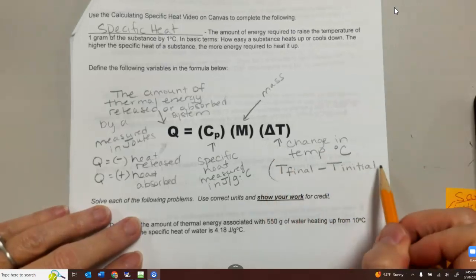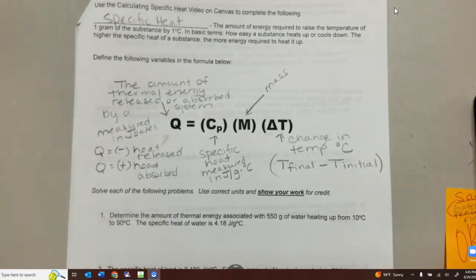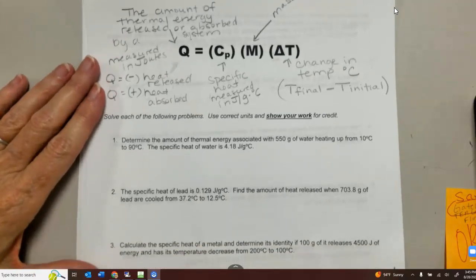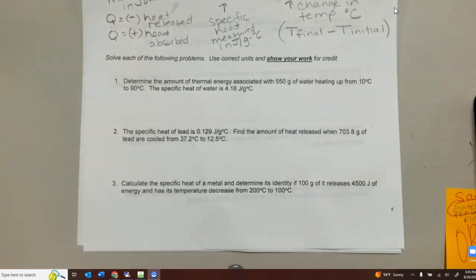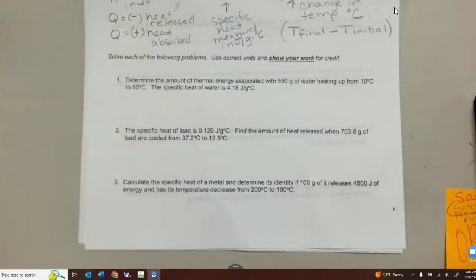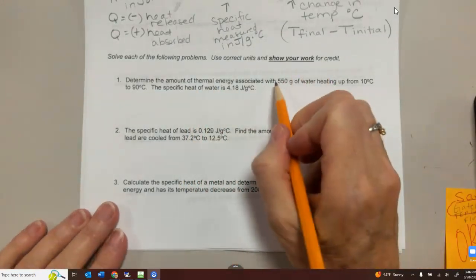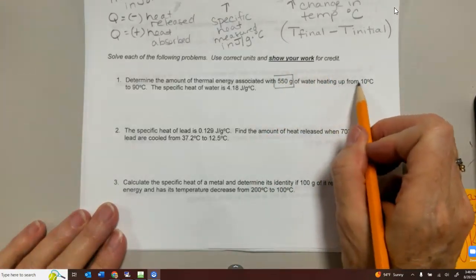All right, and we'll talk more about that later. So there's all our variables that we're going to be using, and now we're going to plug them in as we solve these different equations down here.